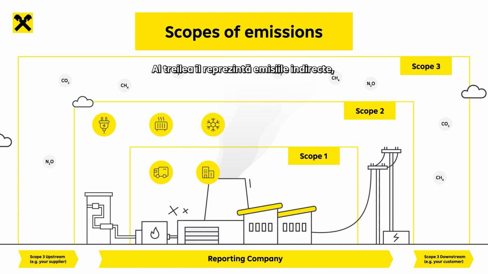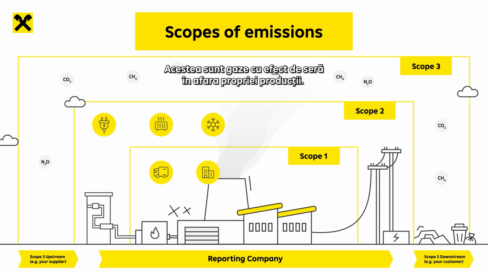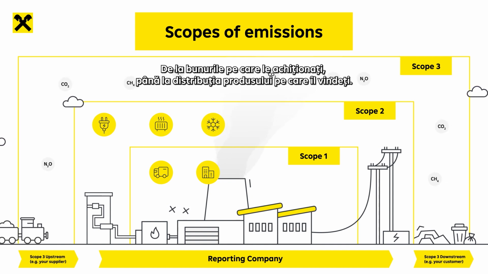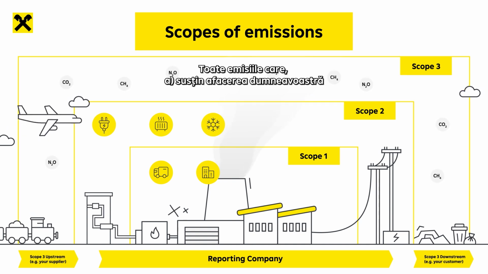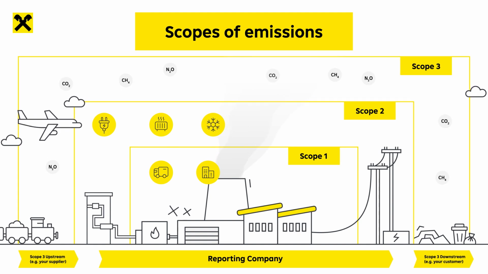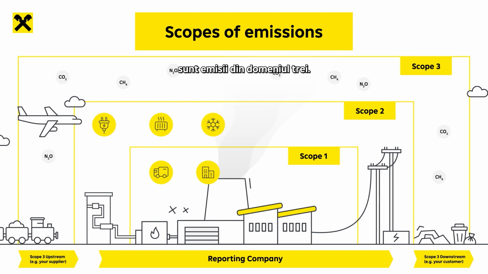Scope 3 are indirect emissions that occur in your company's value chain. These are greenhouse gas emissions outside of your own production, from the goods you purchase to the distribution of the product you sell. All emissions that, A, support your business, and, B, are not Scope 1 and 2 are Scope 3 emissions.